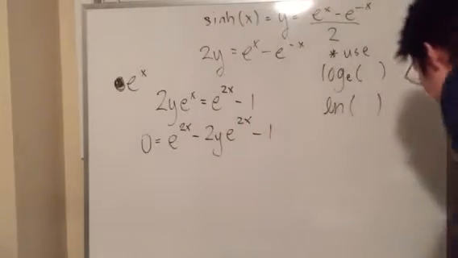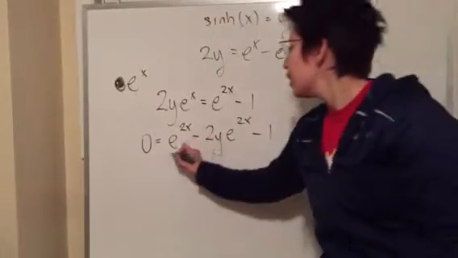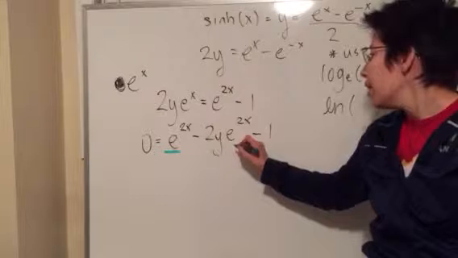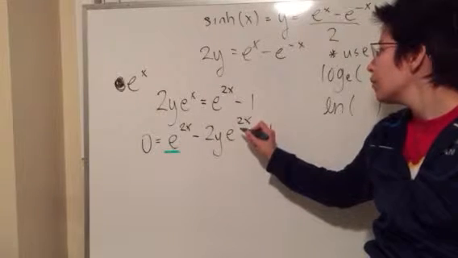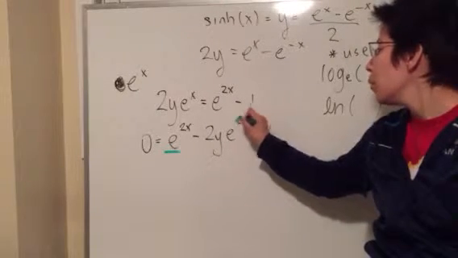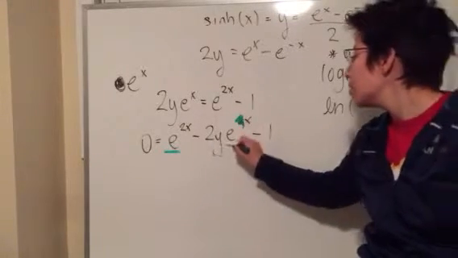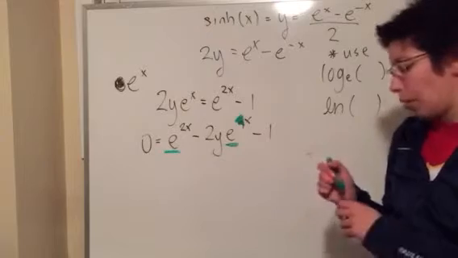As I said, this is like the x squared, or something squared, and then this is just e to the x, the x term, and then the constant term.